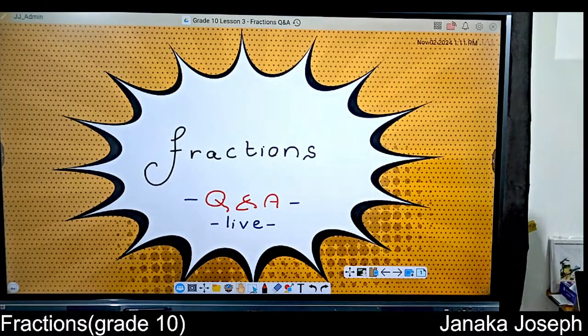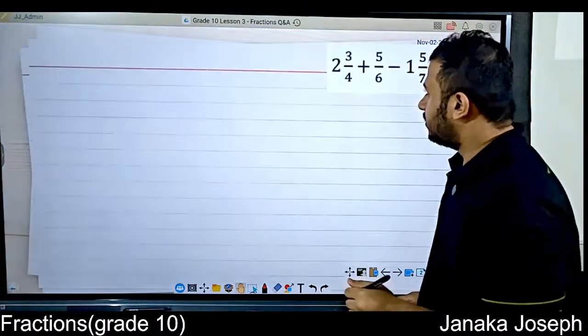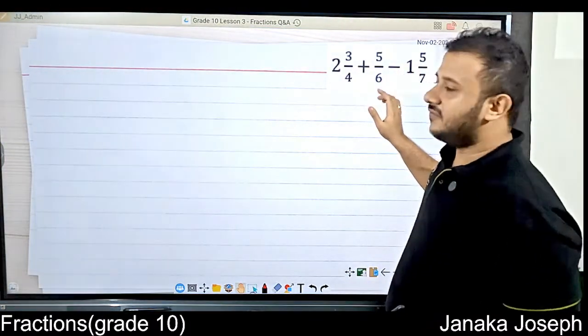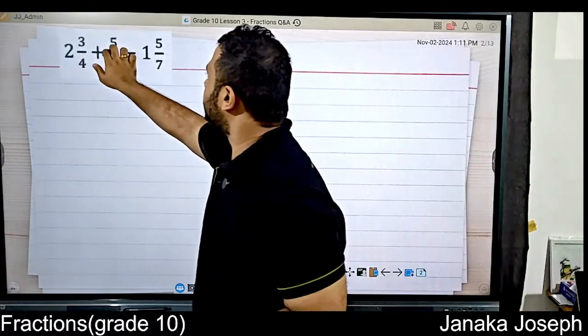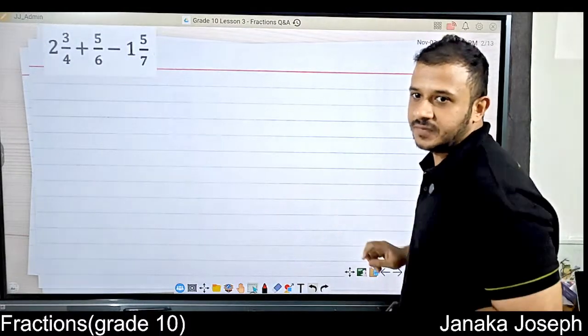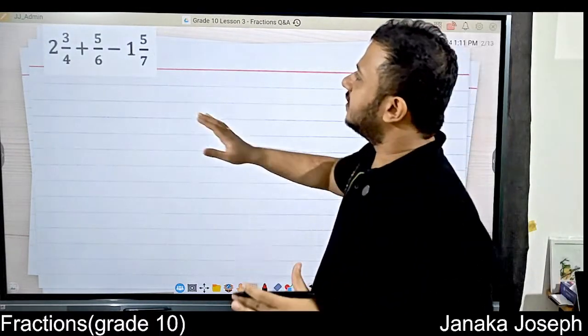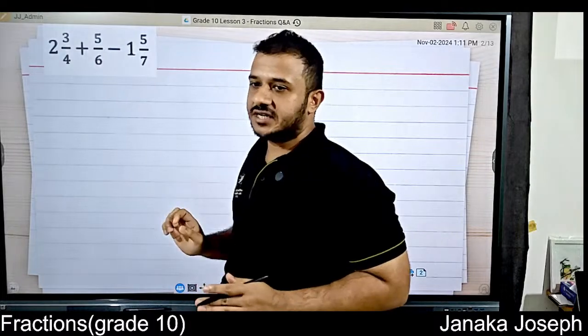Cool. So, I have given a very basic question at the very beginning, so it is very easy for us to catch up. We can see here an addition and a subtraction.